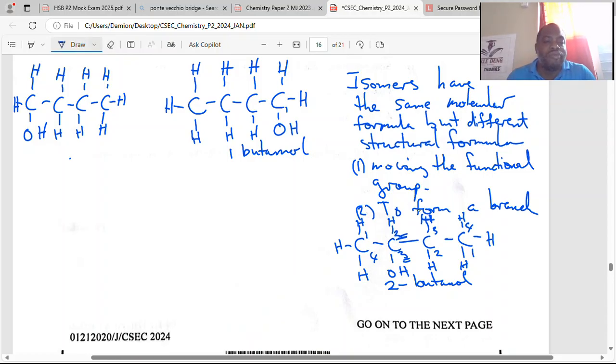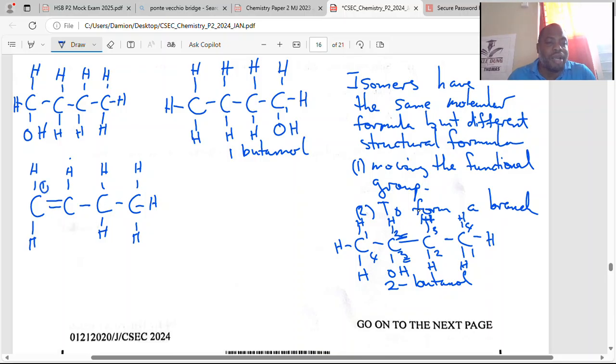So if you have this, automatically we have to start numbering from this side. Not true? So this must be my carbon number 1 because we have to try and ensure that the double bond starts on the lowest number carbon possible. So this would have been 1-butene.